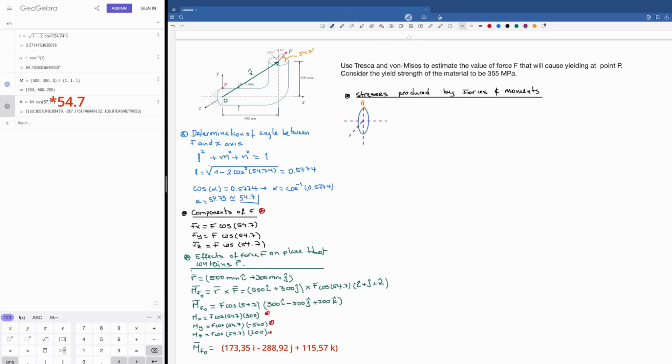So I'm going to have y here. This is point P. Then this is x, and this is z. So this is a point I need to study.